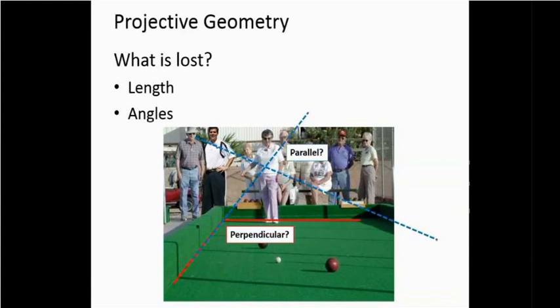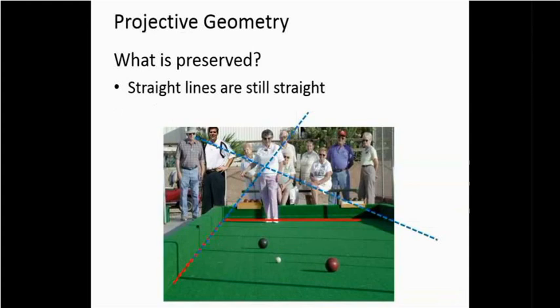These sides are parallel, but the lines intersect in the image plane. So we lose angle information. The main thing that is preserved is that straight lines are still straight. All these lines that are straight under a pinhole model will still be straight in the final image.